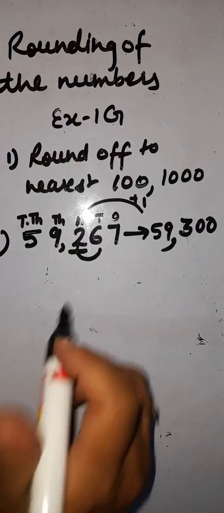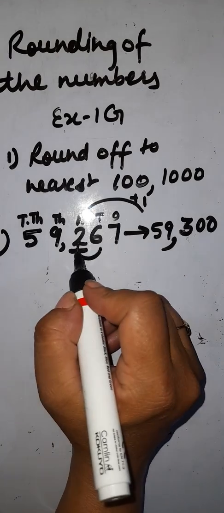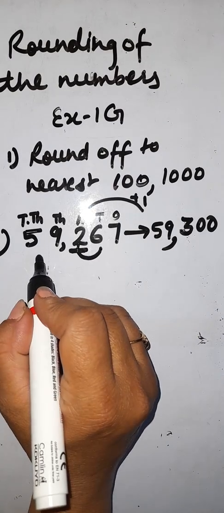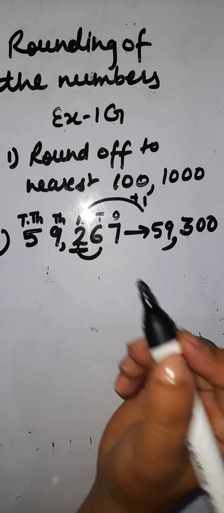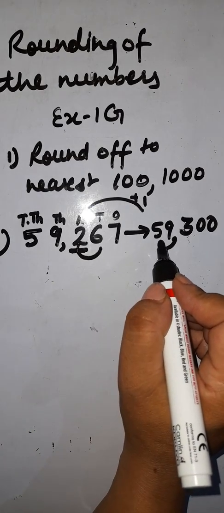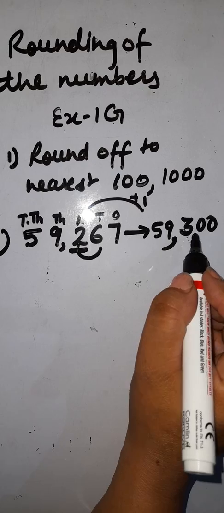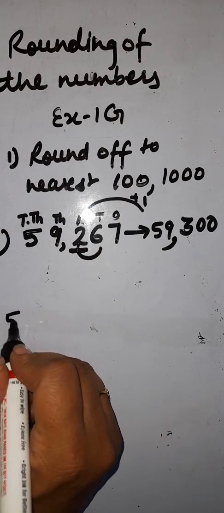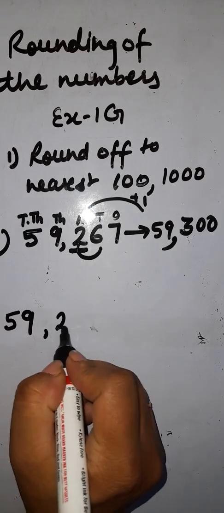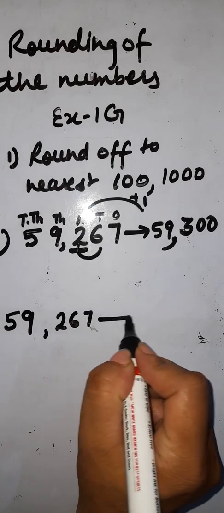So the number rounded to the nearest 100, 59,267, will become 59,300.